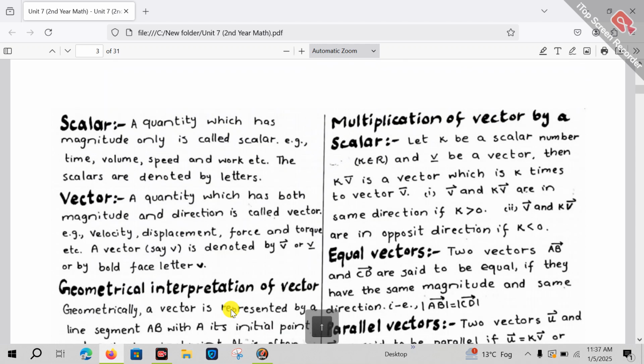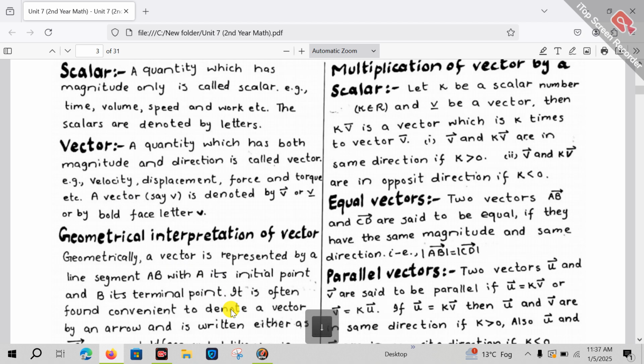So let us discuss the multiplication of a vector by a scalar. This is a very simple concept. Suppose we have a vector v. Now we have a number called scalar k.